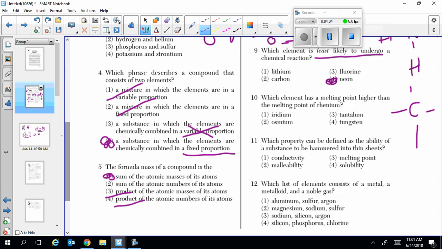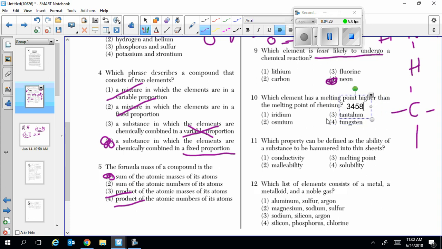Don't even see it yet. All right, I found it. It's number 75. So the melting point is 3458. So I just want to write that down quick. 3458. That's the melting point of rhenium.